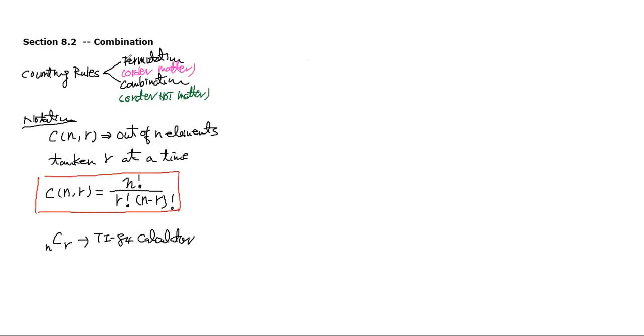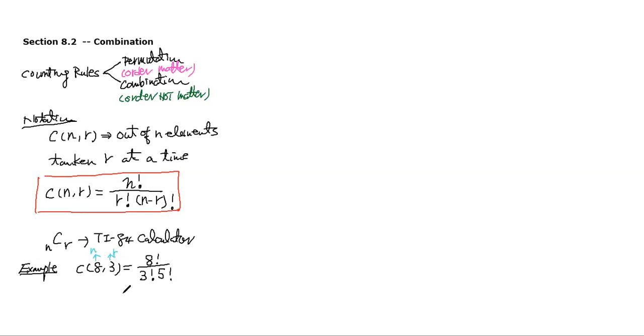Okay, so I'm going to show you one that we'll do manually, and then we're going to use the TI calculator, and we'll get the same number. So if I want to take 8C3, this is my n, this is my r. What I will have is n factorial, which is 8 factorial, then r factorial, which is 3 factorial, and n minus r, so it's 8 minus 3, which is 5 factorial.